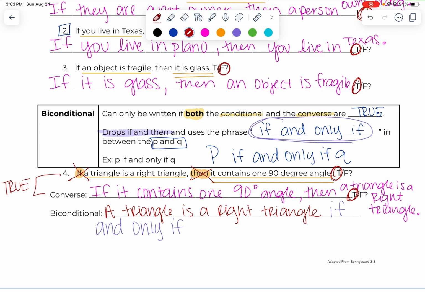Then we're going to write our conclusion. We're not putting the word then. So it contains one 90-degree angle. So the word if and then, they're gone. And in between the hypothesis and conclusion, we put the phrase if and only if. All right, if you have any questions about biconditional, go ahead and write them down.